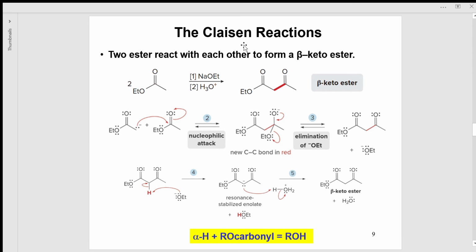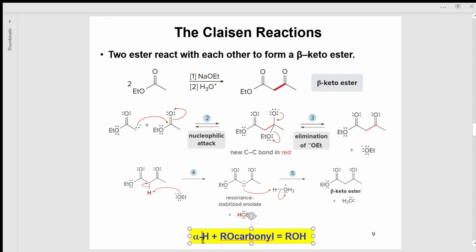So the secret for the Claisen reaction is basically 2 ester molecules reacting with each other, and one molecule is eliminated. The molecule is basically an alcohol. So 1 alpha hydrogen, you see, 1 alpha hydrogen from the right side, CH3, which used to be CH3 here, now it's a CH2.